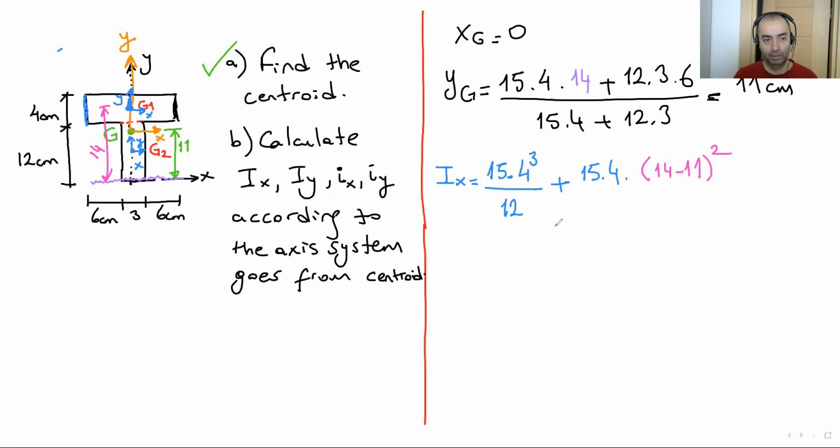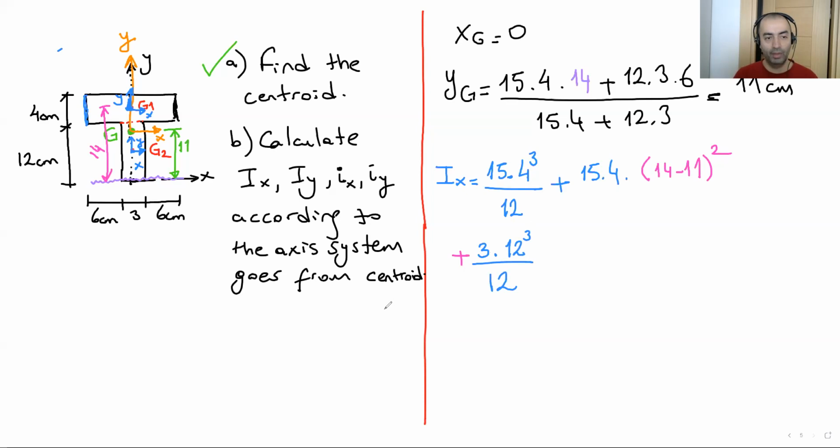Let's do the second one. According to its local axis, the parallel edge is 3, times the height of the rectangle, which is perpendicular to the axis, 12 cubed over 12.